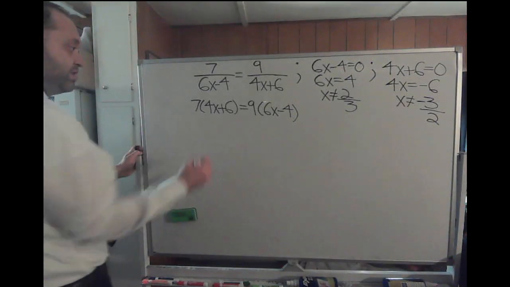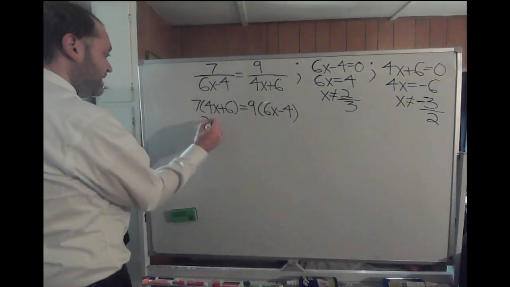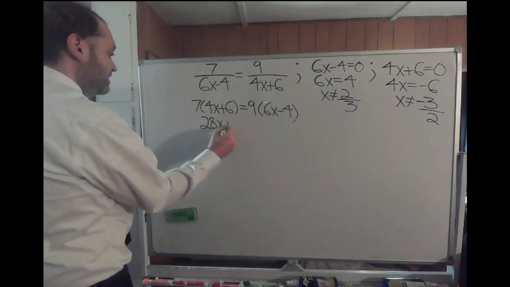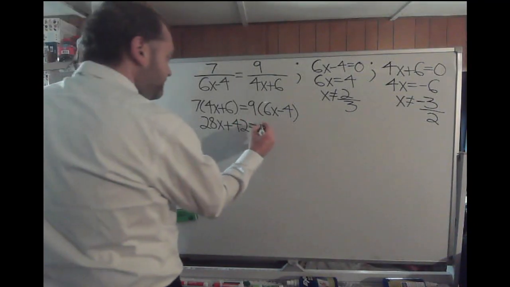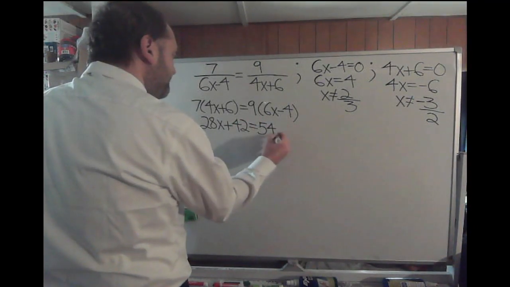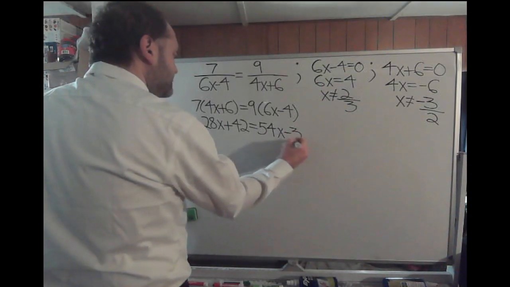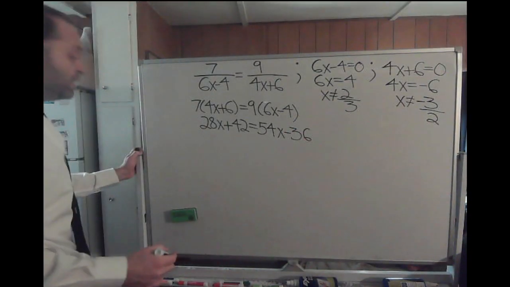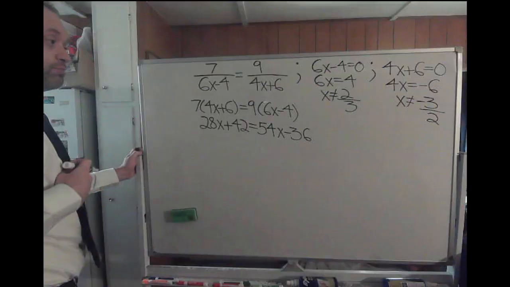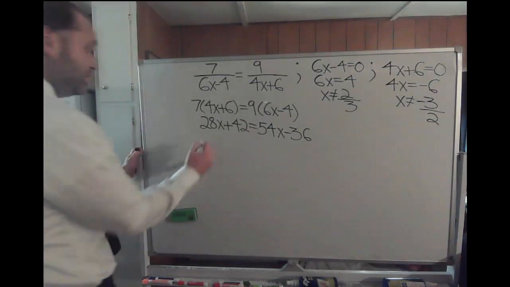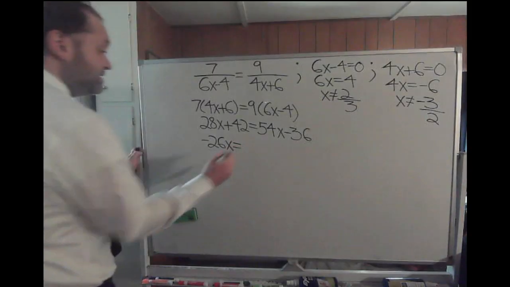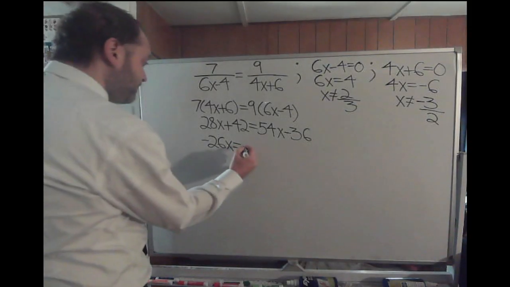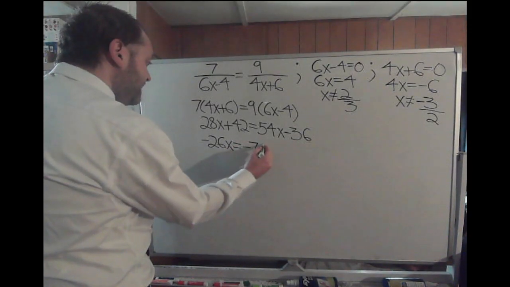Now do your distributive property, you'll end up getting 28x + 42 equal to 54x - 36. Which, when we simplify this, oh boy, is this going to be fun. You'll end up getting negative 26x is equal to negative 78.